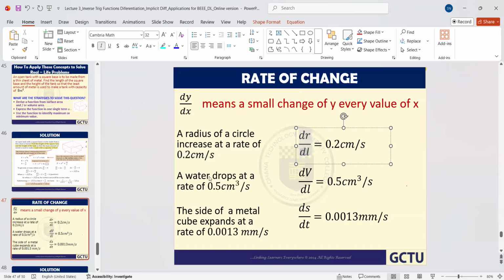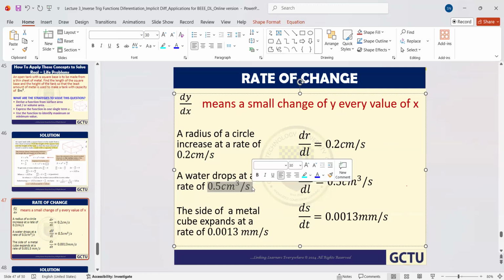When it is water, then you have volume with respect to time, in liters. When it is metal, then we have surface area with respect to t. So when you have values like something per something, that we come across, they are actually differentials.